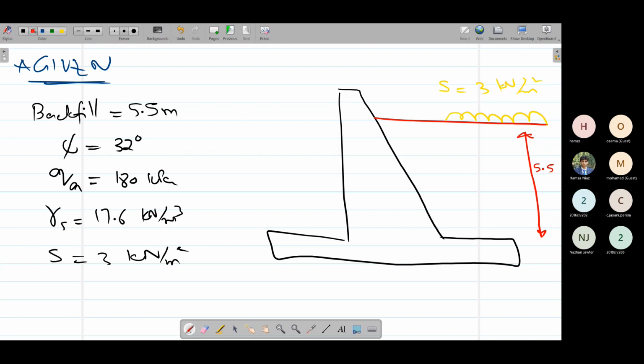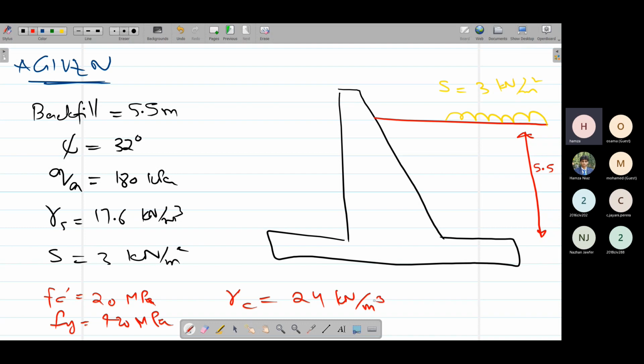The rest of it we have to know ourselves. For example, if we are designing the concrete portion, we have to know its fc dash, which we usually take as 20 megapascal, or it would be given. Fy of steel for reinforcement is 420 megapascals, and the unit weight of concrete, gamma, is 24 to 25 kilonewton per meter cube. It depends, but we can take any value between 24 and 25.